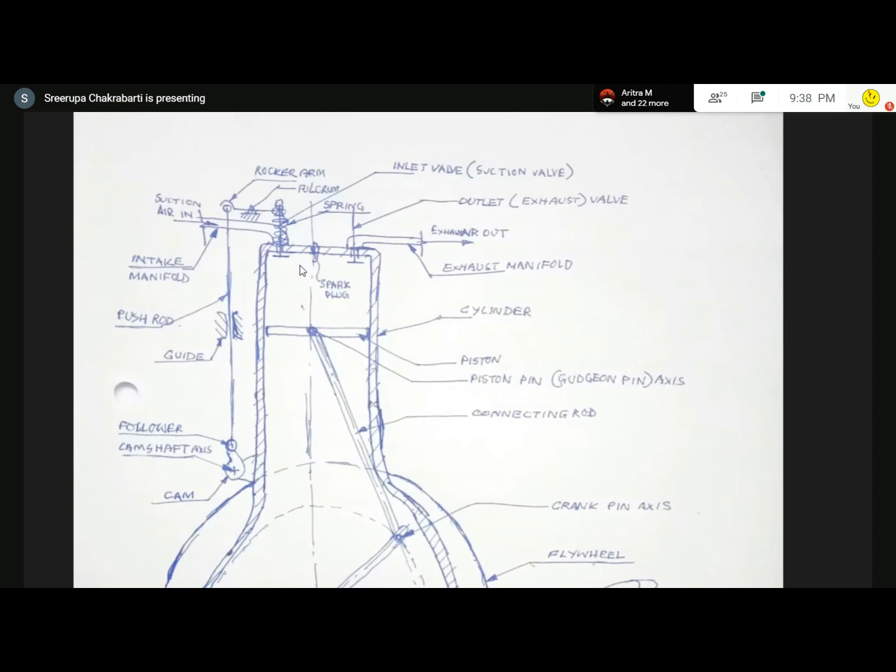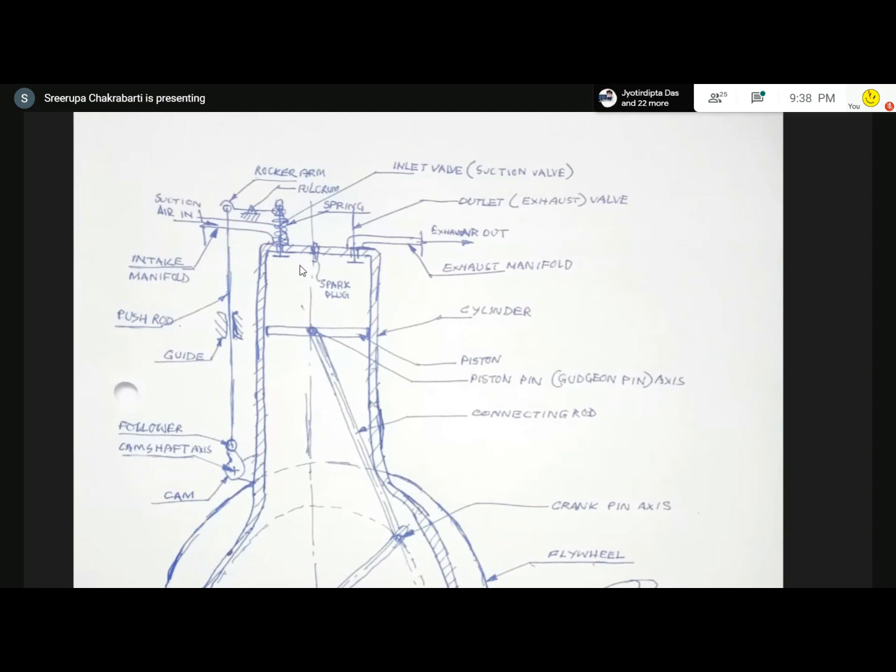Then, from the bottom dead center upwards, both the suction and discharge valves become closed. So the gas is enclosed. Then the piston moves up and compresses the gas, and its pressure and temperature both rise.